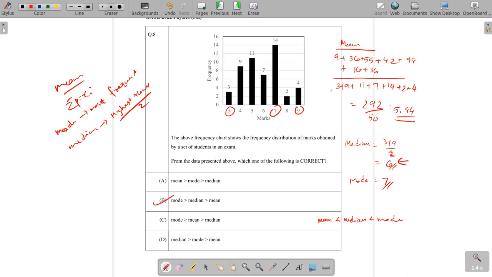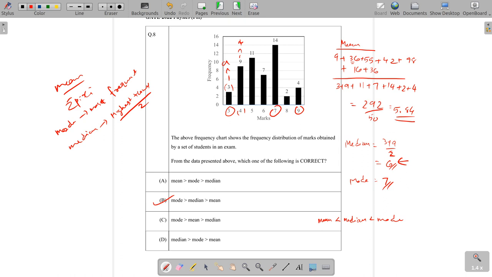So 3 happened 3 times, that means 9. So on. That's how I'm getting this. 4 happened 9 times, that will give you 36. That's how I'm getting 36 here. Like that, you simply add them and divide by the total occurrences.